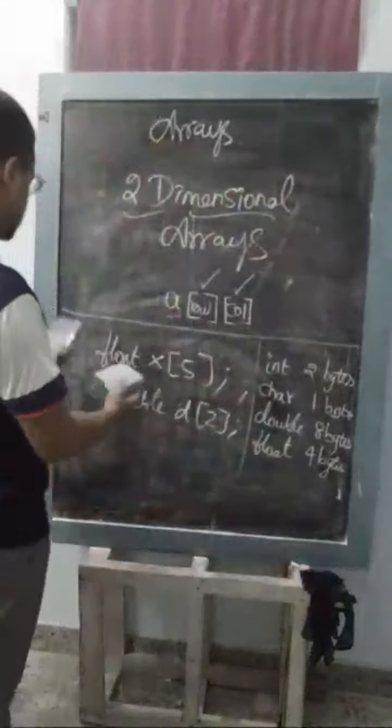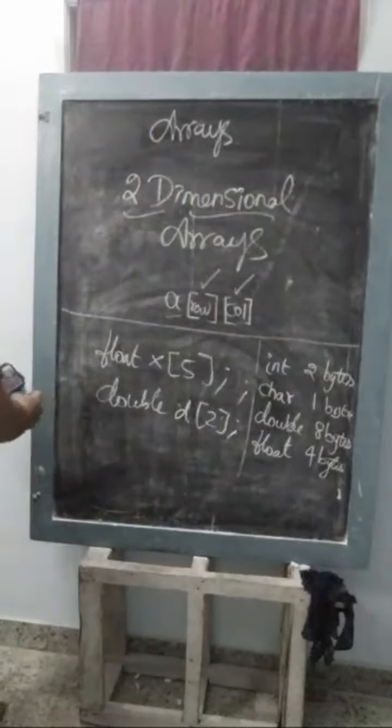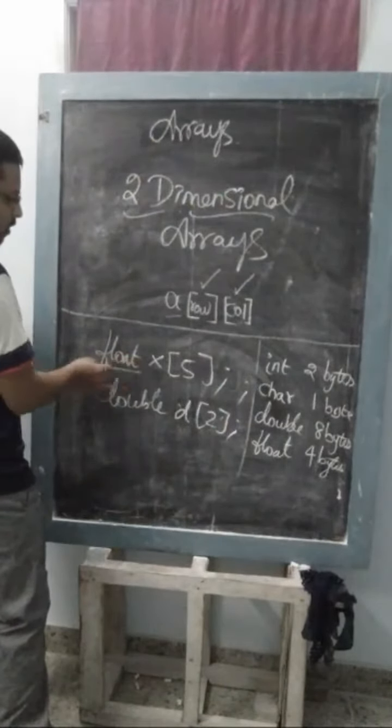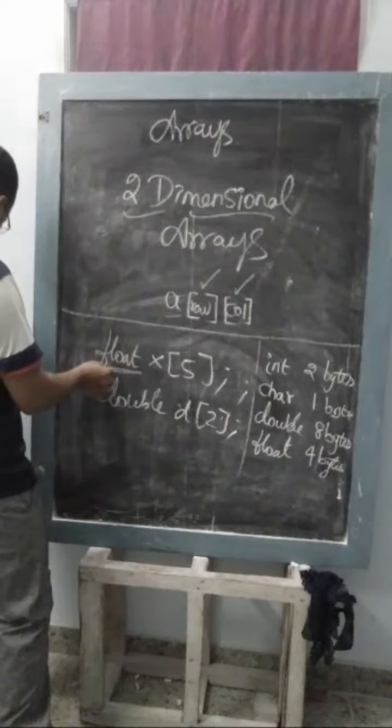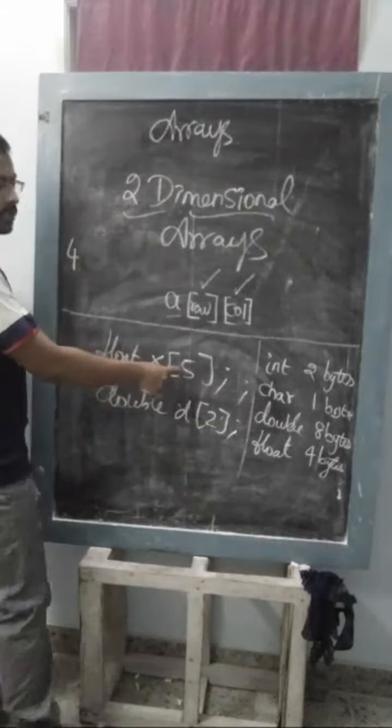Okay, fine. I'm just answering this question. Float consists of 4 bytes, so the size of float is 4. How many elements are there in the array?